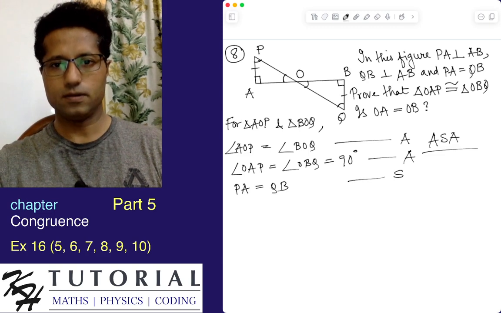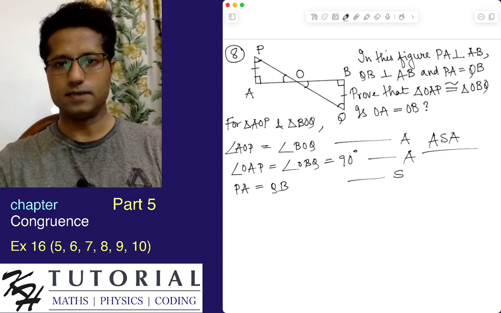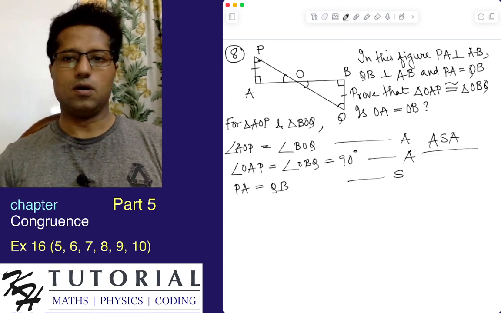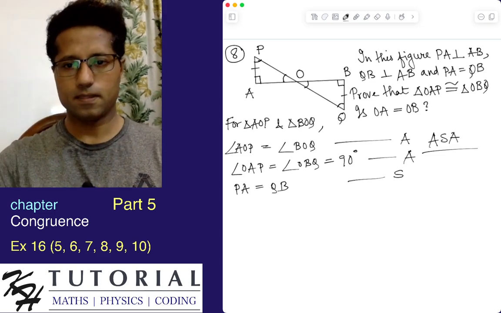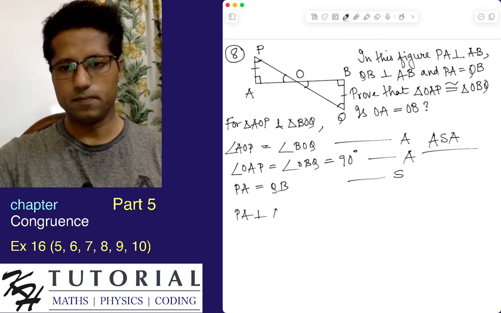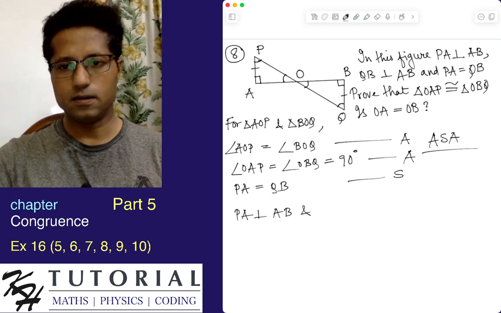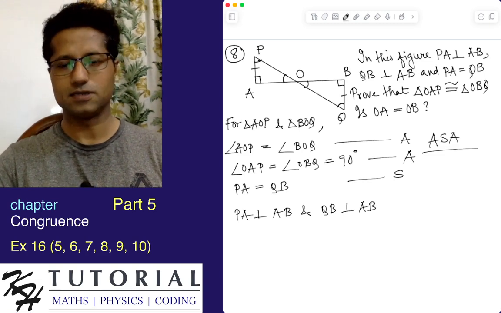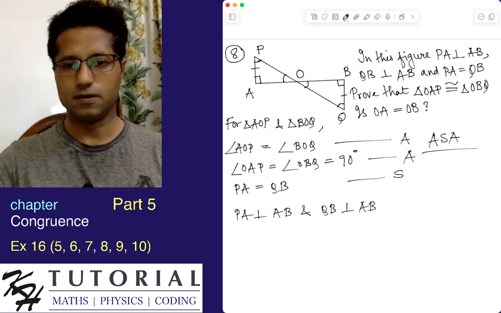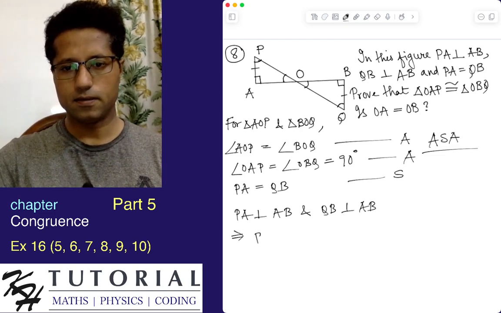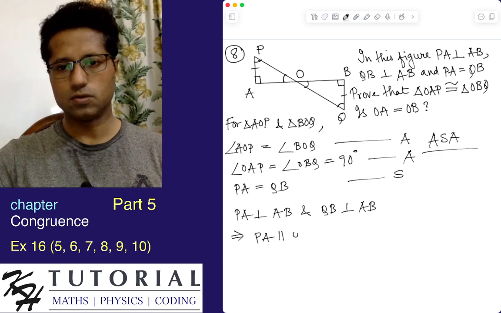How do we prove that angle APO is equal to angle OQB? Now see that PA is perpendicular to AB and QB is perpendicular to AB. From the properties of parallel lines and angles, you must be familiar that this will imply that PA is parallel to QB.